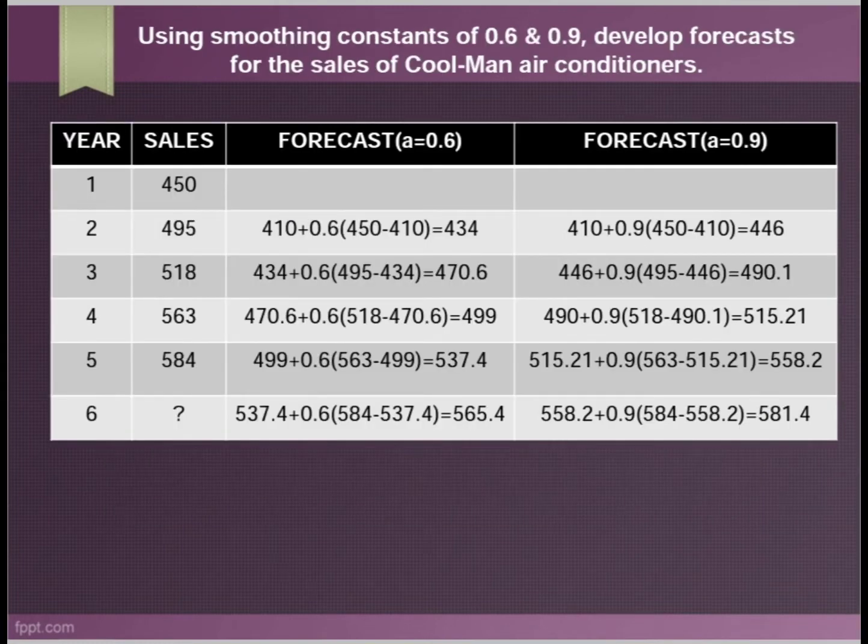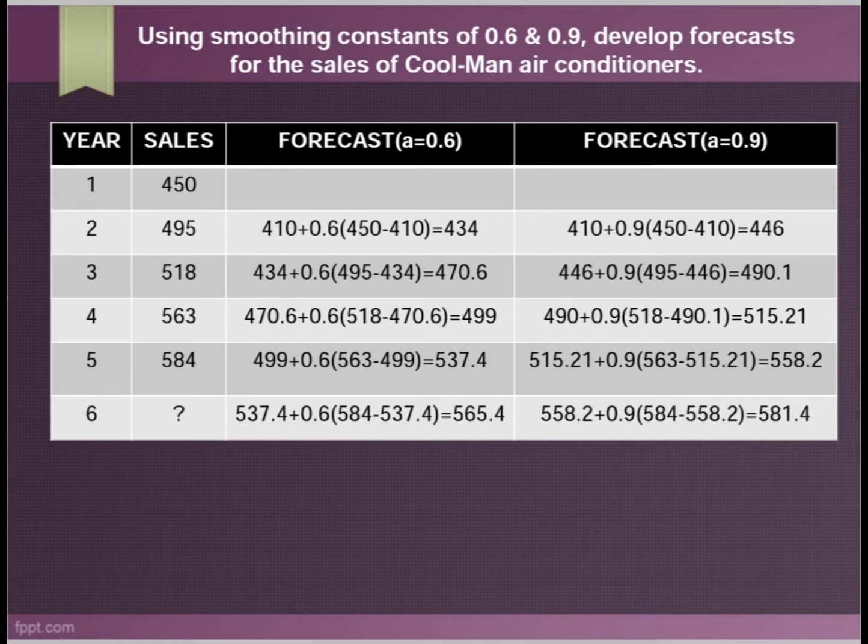The second requirement, using smoothing constants of 0.6 and 0.9, develop forecast for the sales of Coolman air conditioners. So here is the table showing the computations of the forecast using alpha 0.6 and alpha 0.9.